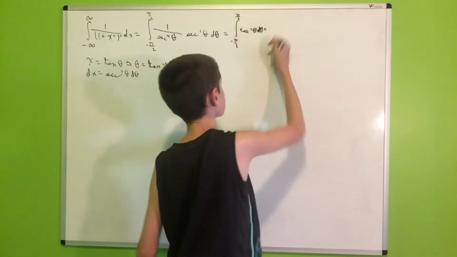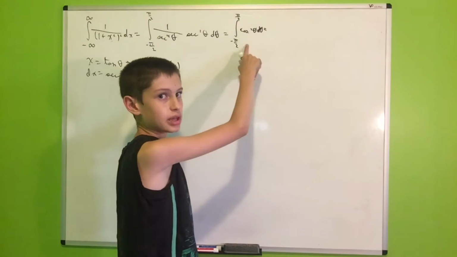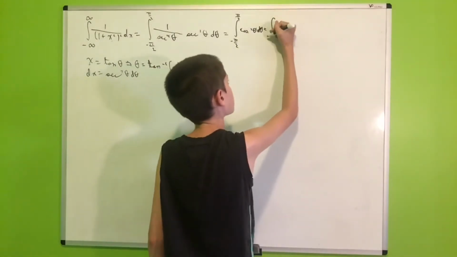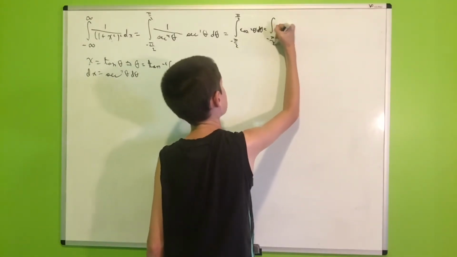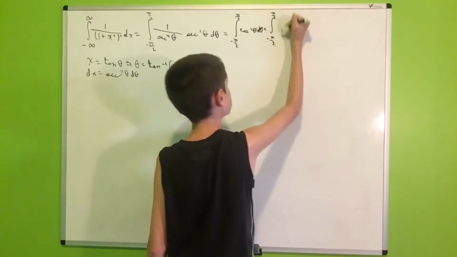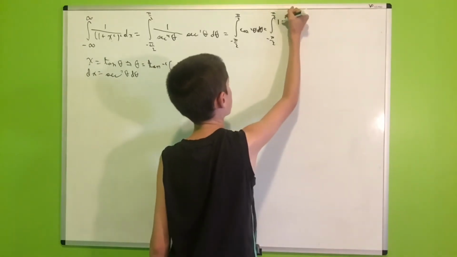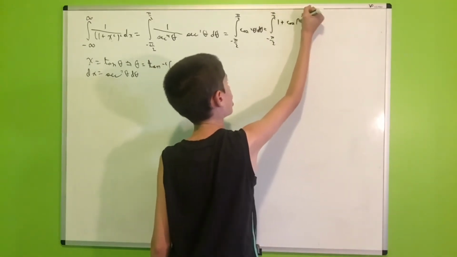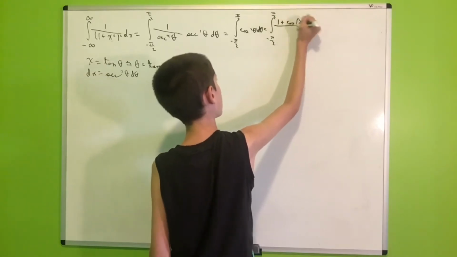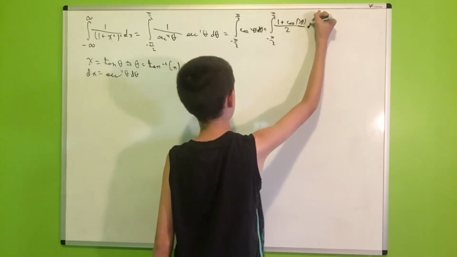But then, this integral can easily be integrated using the double angle identity. So this is simply the integral from negative pi over 2 to positive pi over 2 of 1 plus cosine of 2 theta all over 2 with respect to theta.